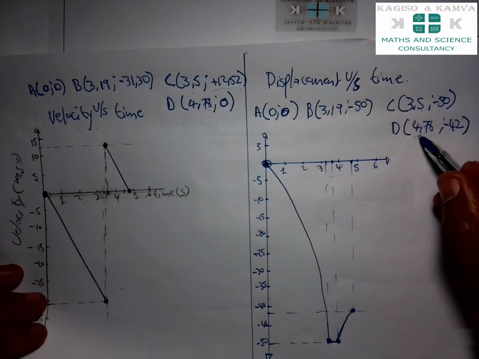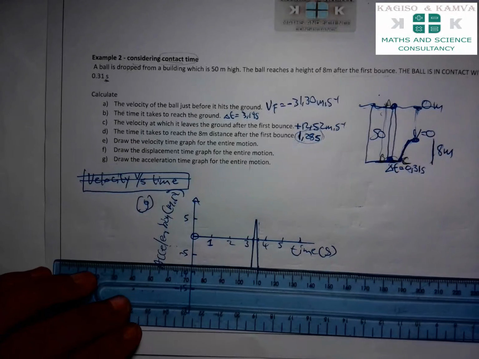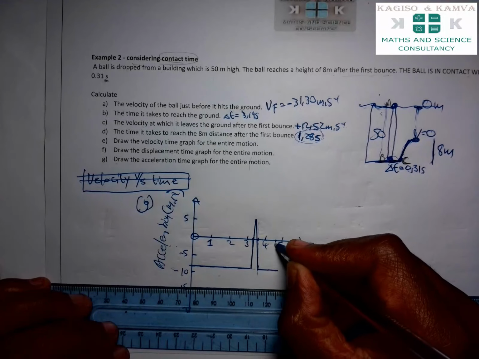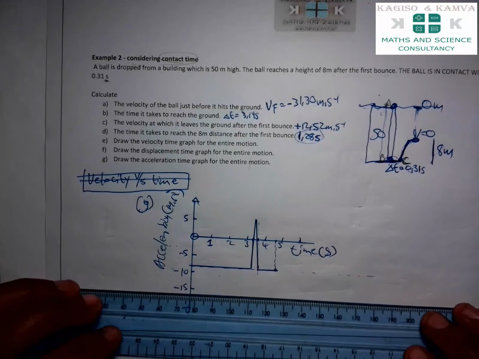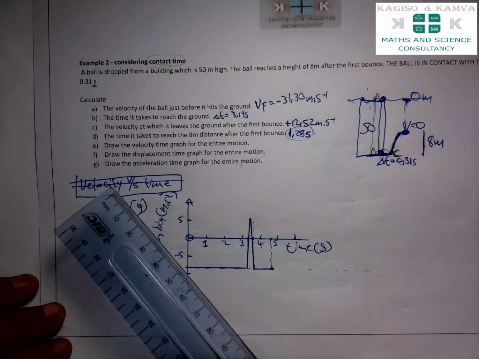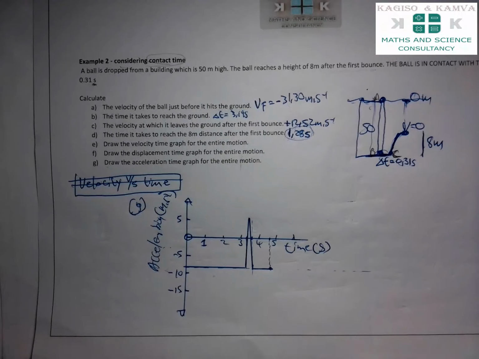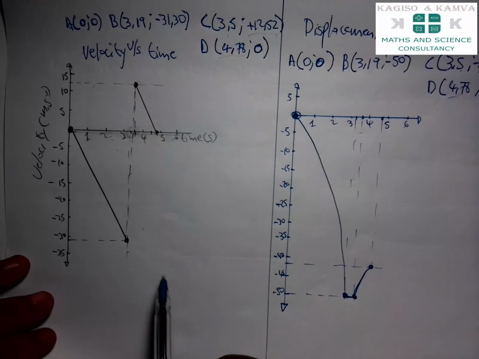The motion ends at 4.78 seconds. It's somewhere there. That will be the end of our motion. That is how we're going to draw the three graphs: the velocity time graph for the entire motion, considering the contact time, will be this one.